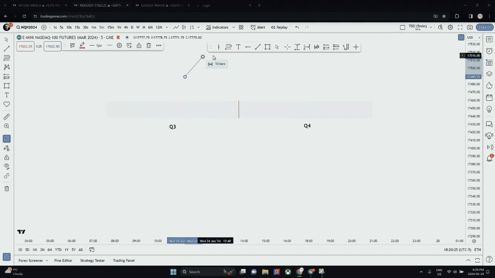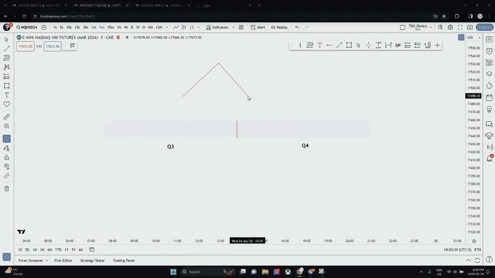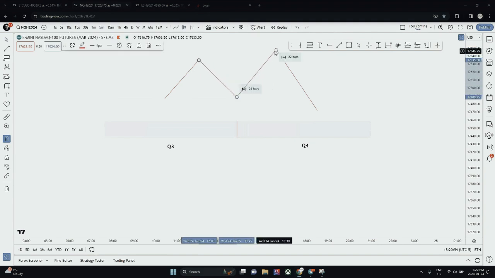So for example, if you're bearish, it is better for you to trade the asset which makes the higher high.